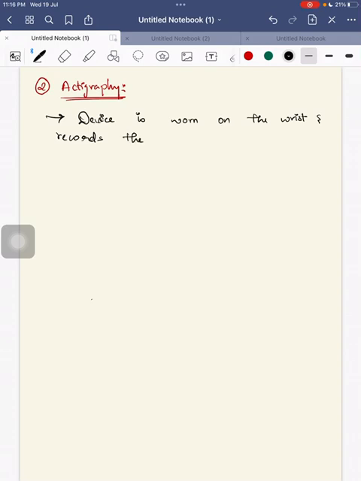Next is actigraphy. So the second evaluation you do is actigraphy. So what is this actigraphy? This is a device that is worn on the wrist like a watch, and it records the movements.